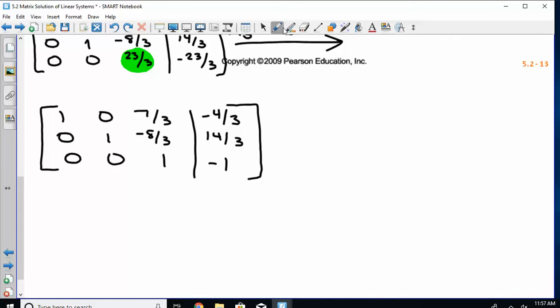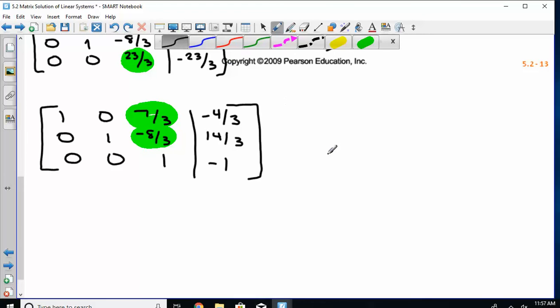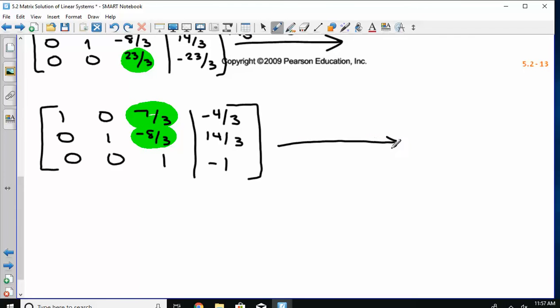All right. Final matrix. We need both of those to be zeros. So, row 1. If you start with row 1, it is a positive 7/3, so you have to subtract 7/3 times row 3. Okay, so I'm not changing row 3 here.